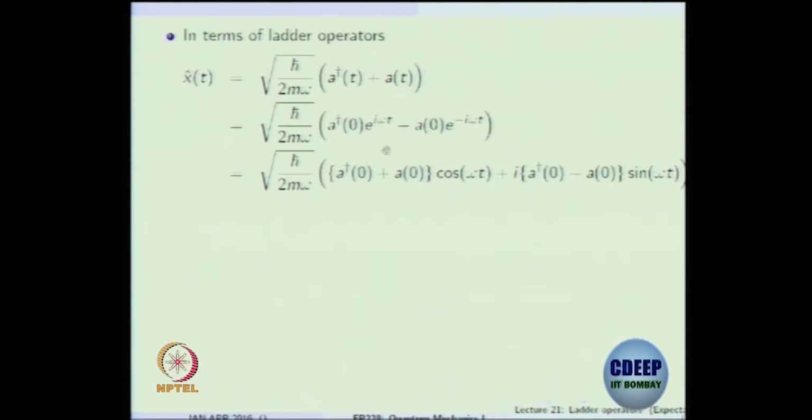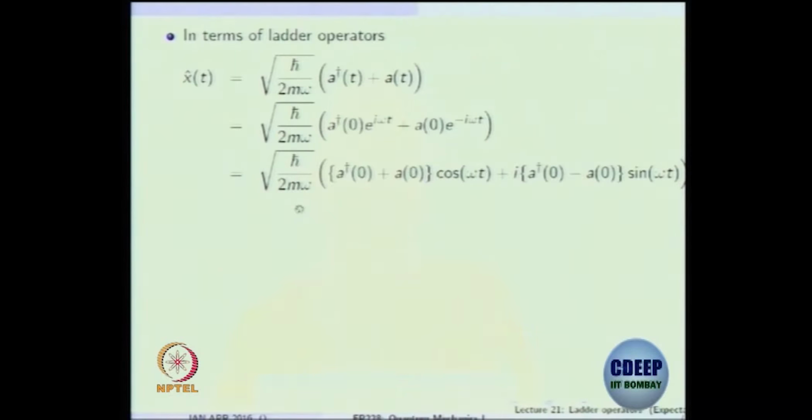So without any effort, without doing our Heisenberg evolution for the position operator for the harmonic oscillator Hamiltonian, I use the time evolution for the ladder operators, right? And I can read off the time evolution of this position operator.